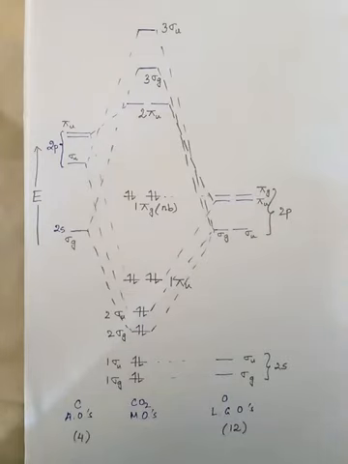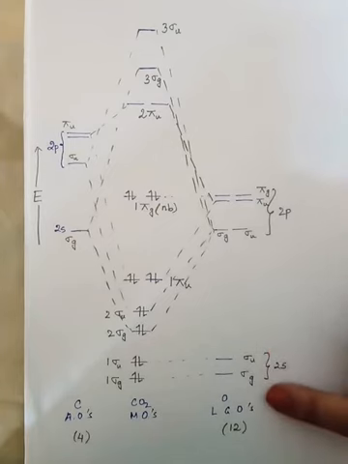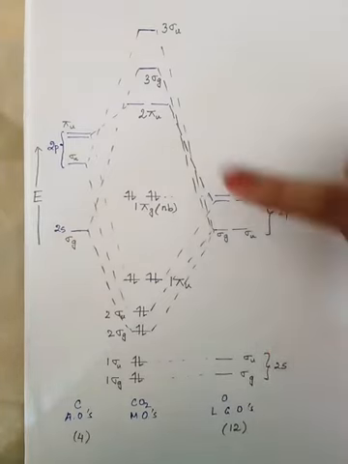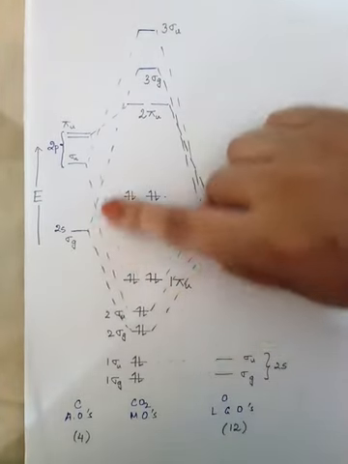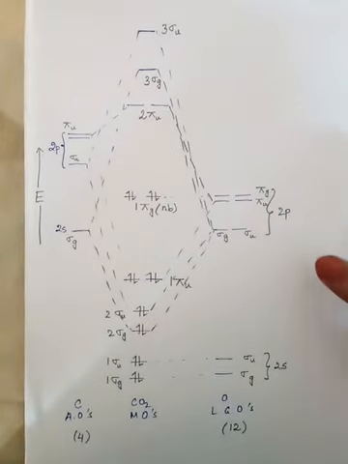As you can see, these represent the LGOs of oxygen, that is the ligand group orbitals of oxygen, and the left side represents the atomic orbitals of carbon. There is no problem regarding the atomic orbitals of carbon, but the rest needs to be explained a bit.